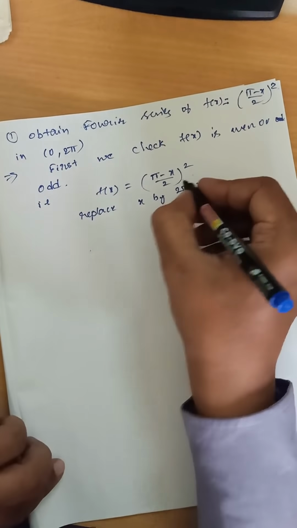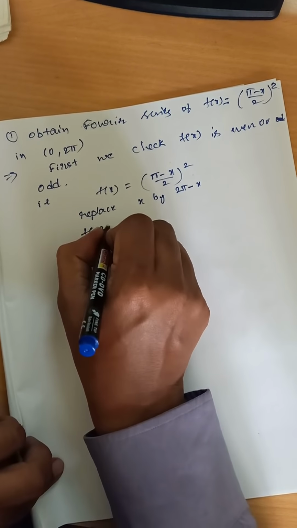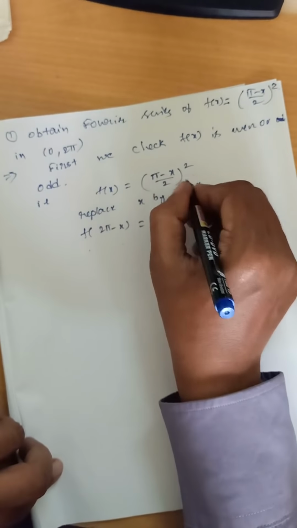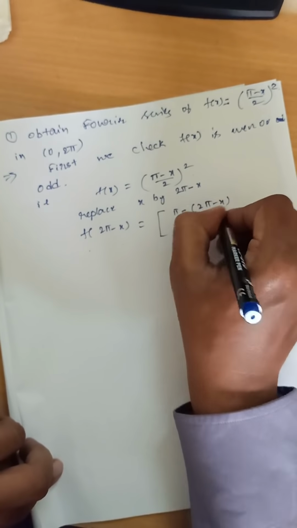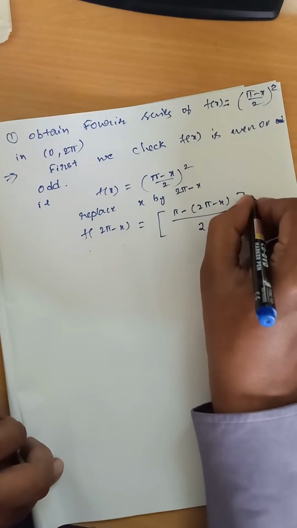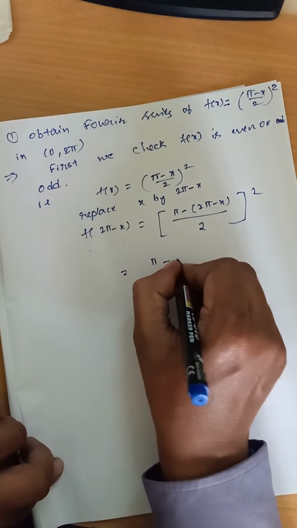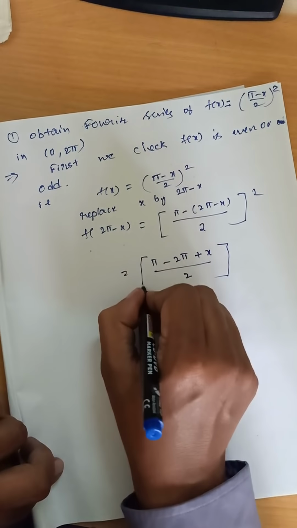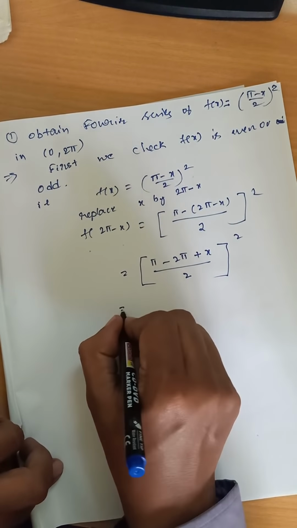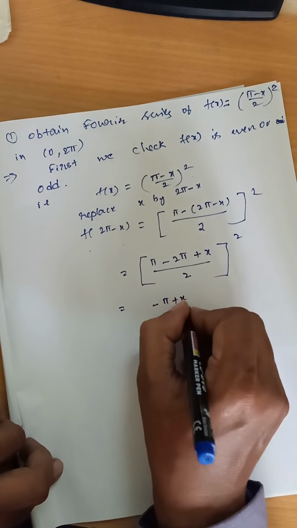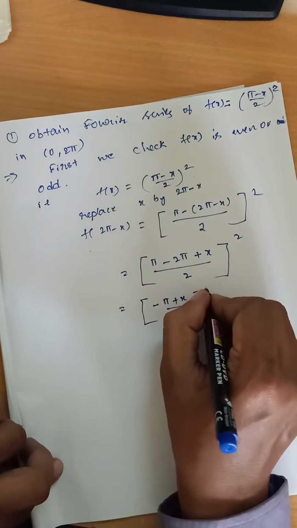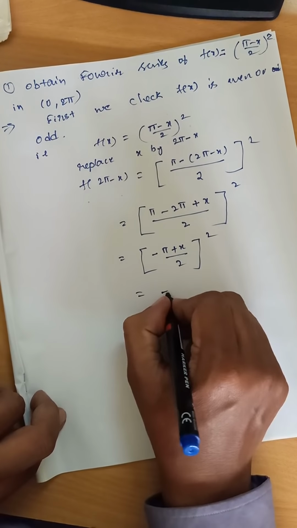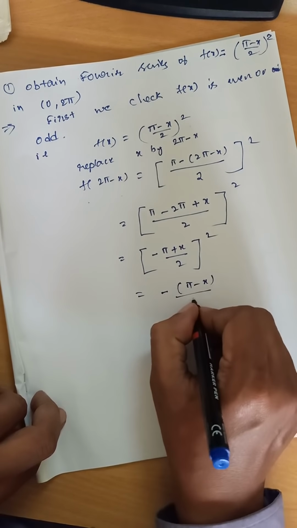The condition says, that is, f of 2 pi minus x is equal to pi minus 2 pi minus x divided by 2 whole square, that is equal to pi minus 2 pi plus x by 2 whole square, that is equal to minus pi plus x by 2 whole square, that is equal to minus of pi minus x. Shall I write like this?